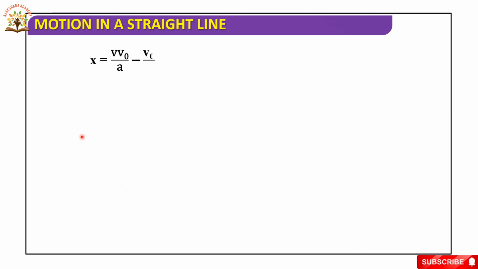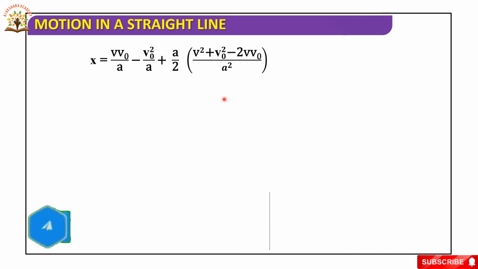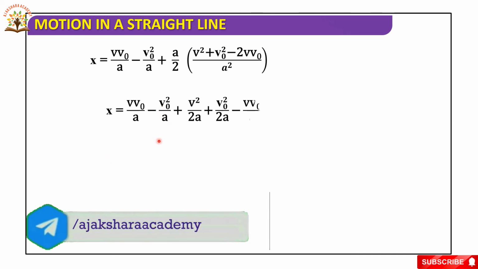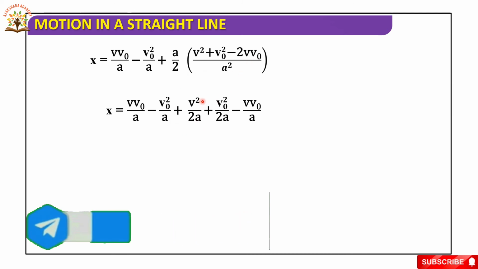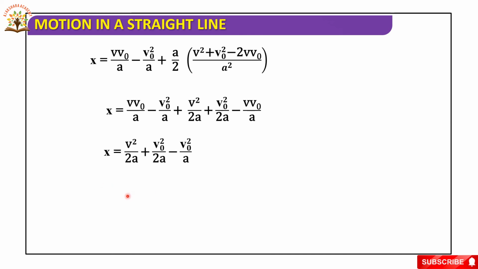After multiplication, x is equal to v naught v by a minus v naught square by a plus v square by 2a plus v naught square by 2a minus v v naught by a.